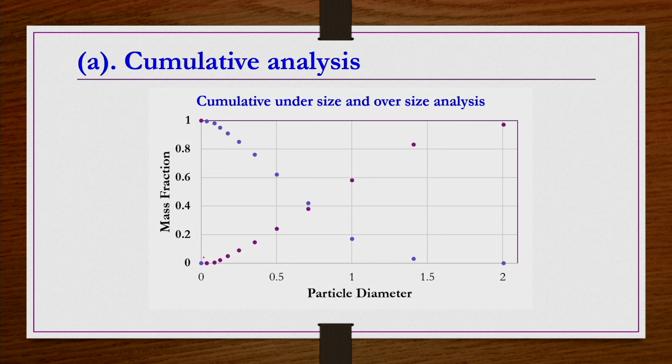Next, first part, cumulative analysis. Here we can see the cumulative undersize fraction coming something like this. Likewise, cumulative oversize is coming something like this. They are matching exactly at the 50 line, at mass fraction 0.5.